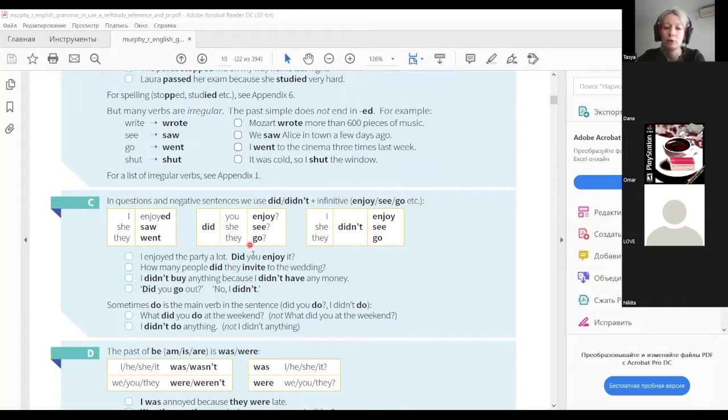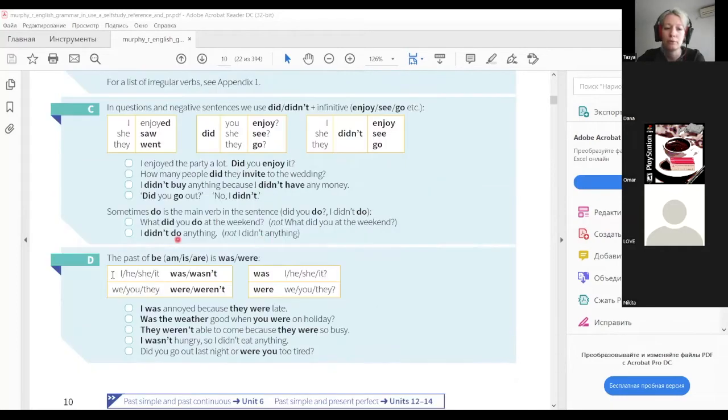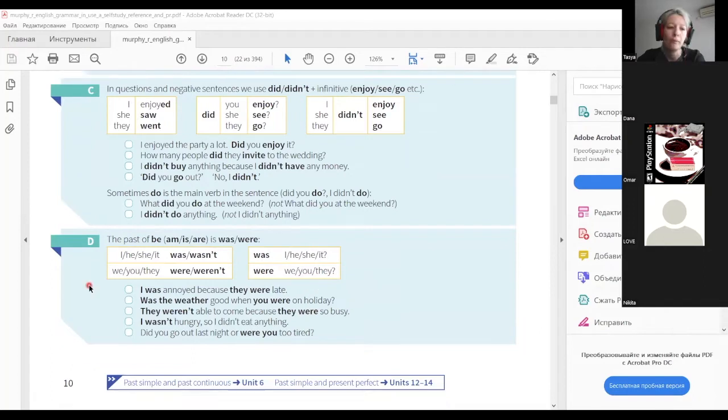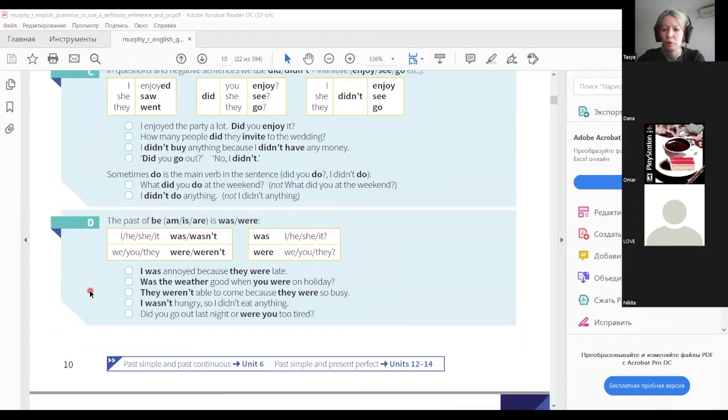And remember that you use the initial form here, not enjoyed or saw, but enjoy, see, etc. And also don't forget that the past of be is was or were, and you have to ask the questions the way you ask with the verb to be, without any did, like was I, was he, were we, were you, etc.